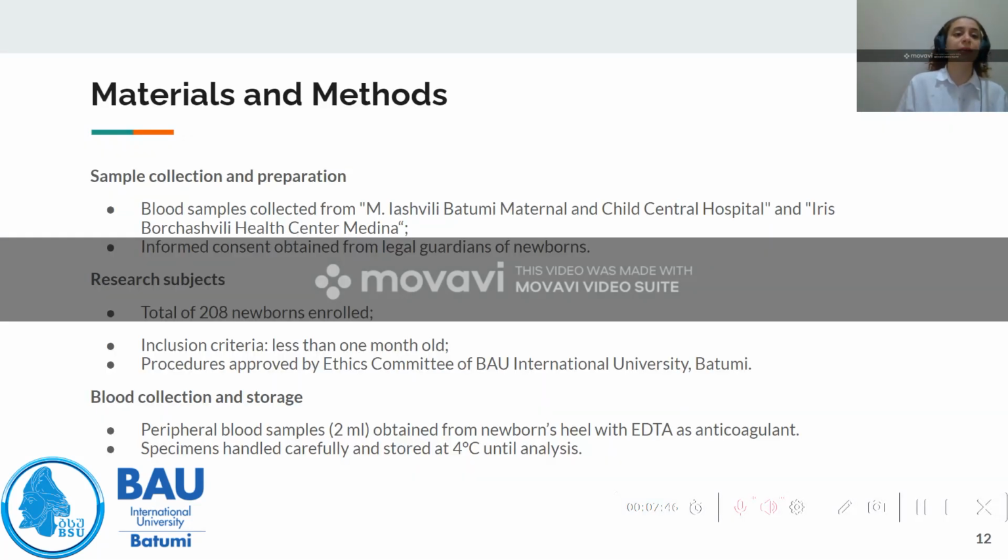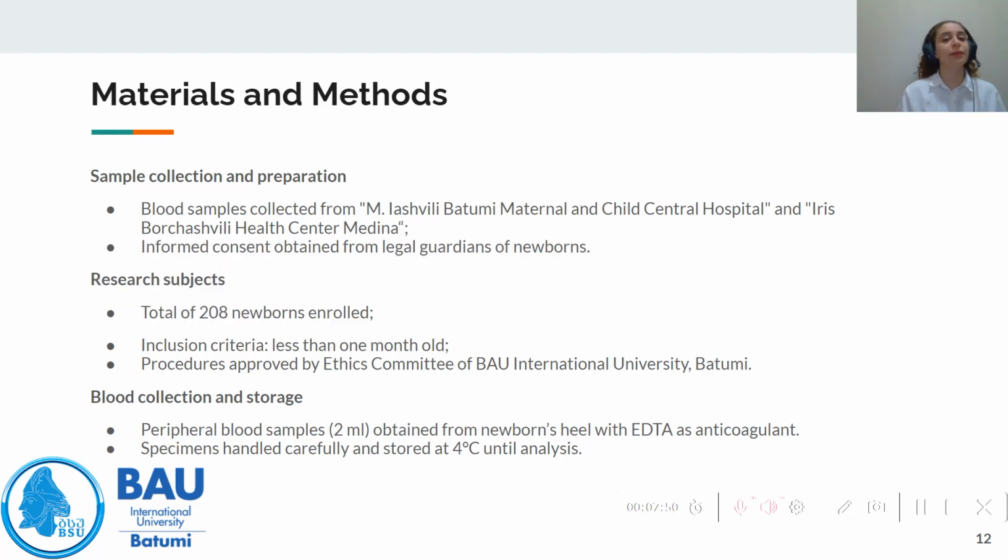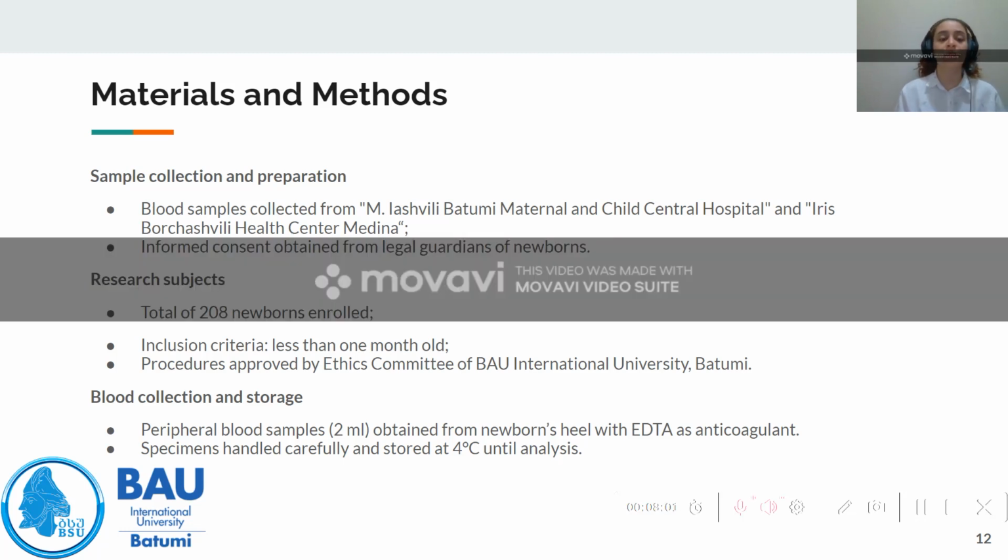As for the materials and methods, for sample collection and preparation, the blood samples were collected from Yashvili Batumi Maternal and Child Central Hospitals and Iris Boryashvili Health Center, Medina, both located in Batumi, Georgia. Informed consent was obtained from the legal guardians of the newborns selected for the study.